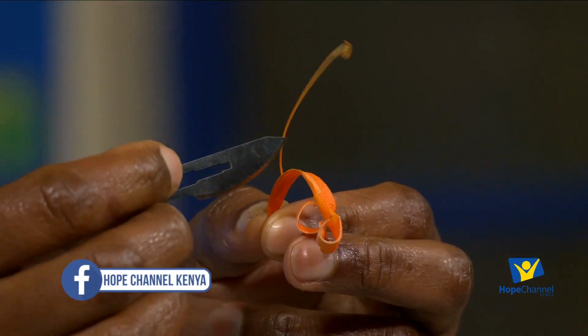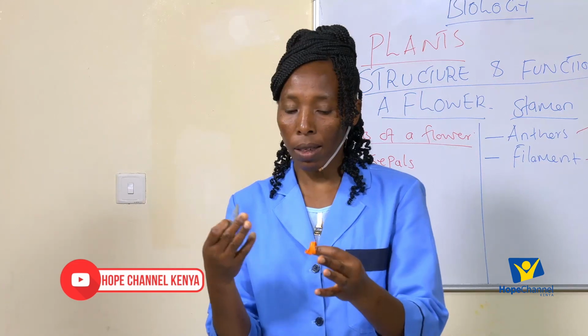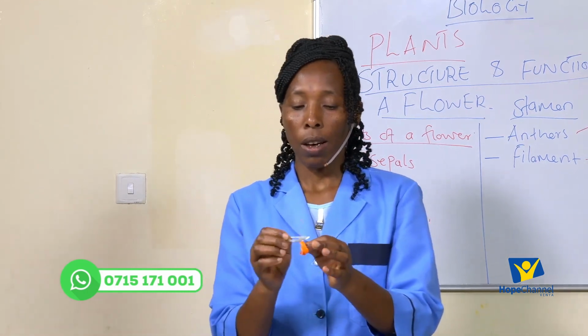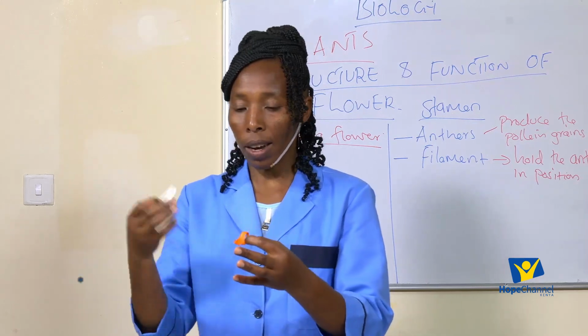You realize that for different plants, for different flowers, based on their agent of pollination, in some the anthers are inside the flower, others the anthers are outside.